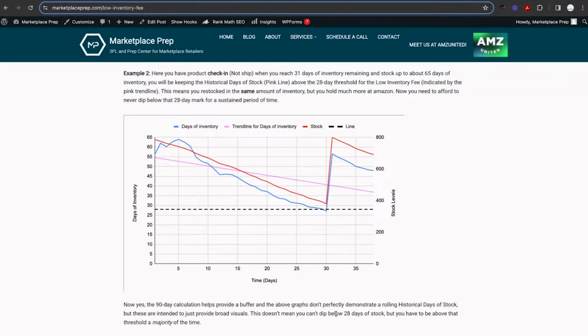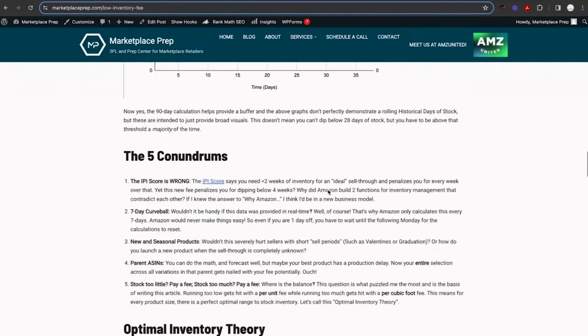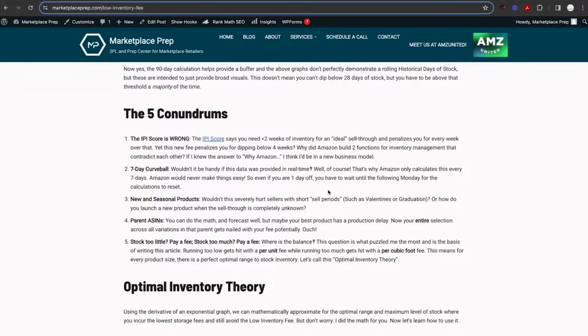So this article focuses on what I call the 5 conundrums. The best way I can put it, the IPI score is wrong. The IPI score optimizes for, I think, about 12 to 14, 12, 13 days of inventory is what they say is excellent. Well, that's a lot less than 28 days. So why does Amazon contradict themselves in this?